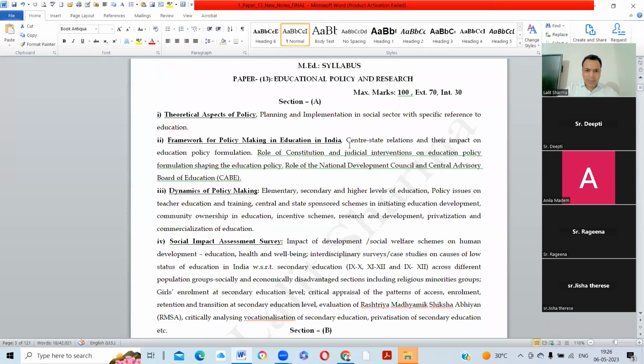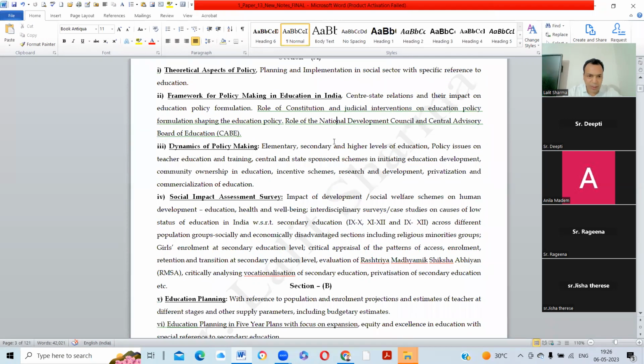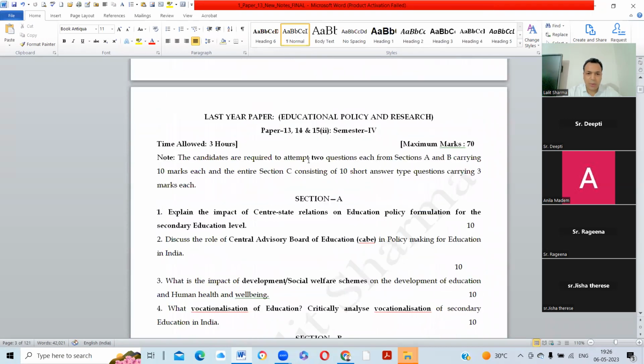In the syllabus, the first part we have covered: planning and implementation in the education sector, and center and state relations and their impact. We also covered the Central Advisory Board of Education, one or two questions from it.